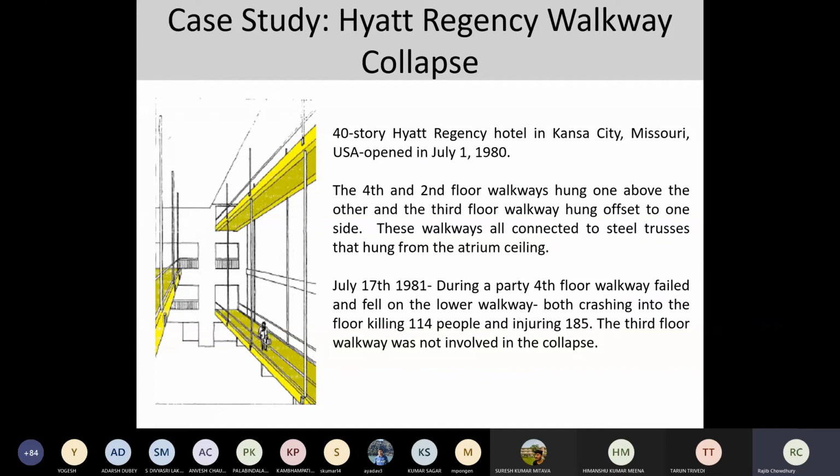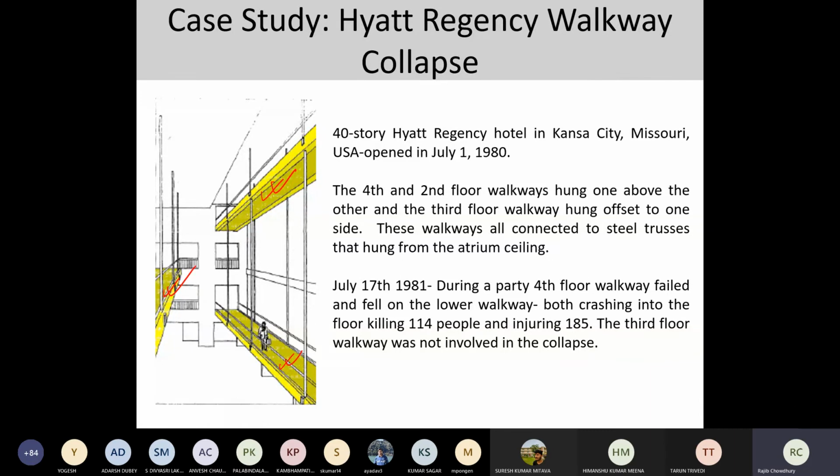And this is one of the very fantastic case studies that I have picked up, the Hyatt Regency collapse. Okay. It happened in 1980, a 40-story building, the Hotel Hyatt Regency. The second, the walkway, these two walkways, these are the walkways. Okay.